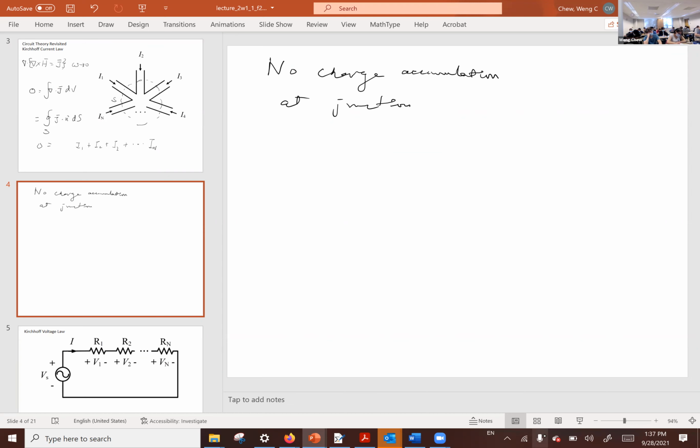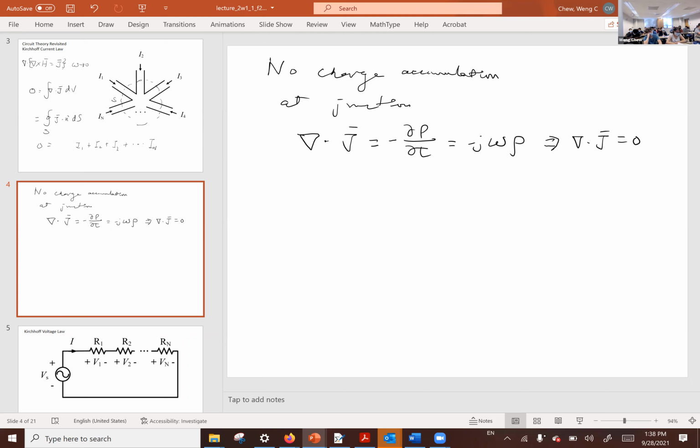You have learned that charge conservation is actually described by the current continuity equation, which is divergence of J plus partial rho over partial t equals 0, and then this would become divergence of J equals minus j omega rho in the frequency domain. This was the precursor to Kirchhoff Current Law, which is this equation over here. And if we had had charge accumulation at the junction, then Kirchhoff Current Law would not hold true.